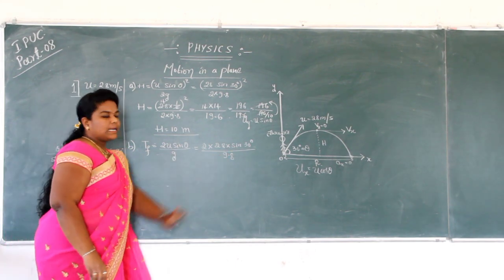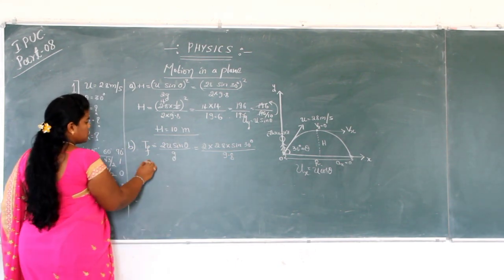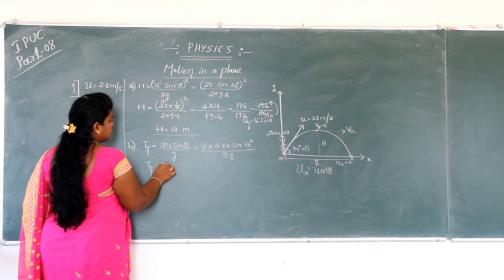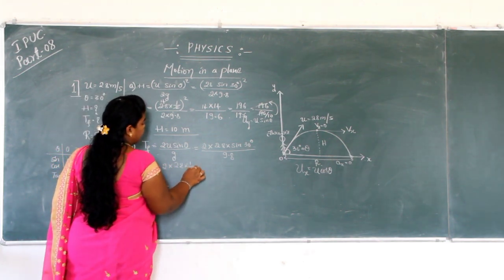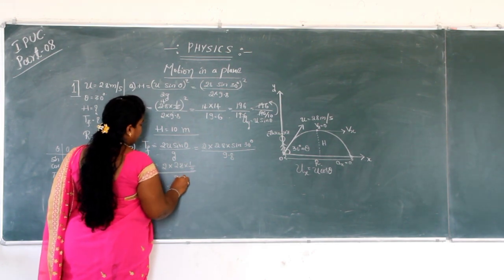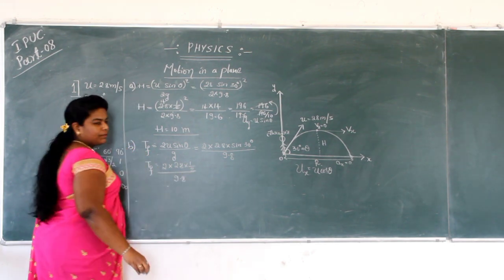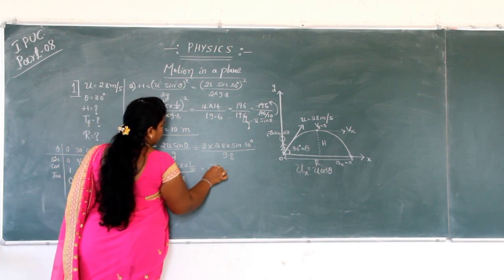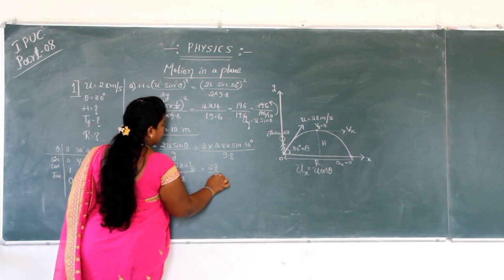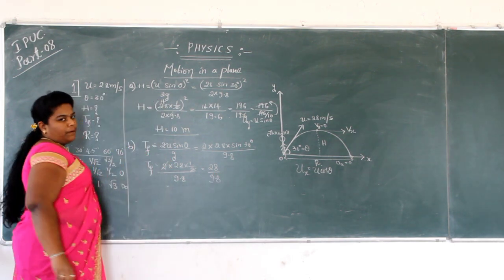So here it is sin 30 is 1 by 2. So TF is equal to 2 into 28 into 1 divided by 2, whole divided by 9.8. Right. Now this two cancel with each other. Remaining is 28 divided by 9.8.